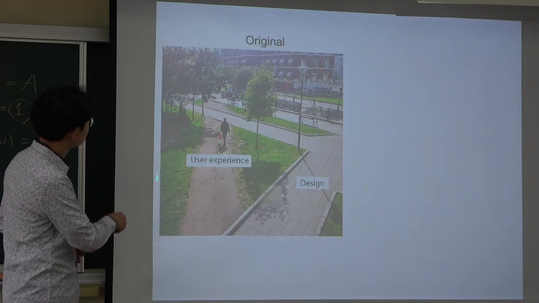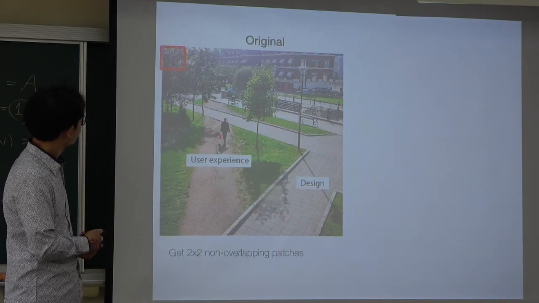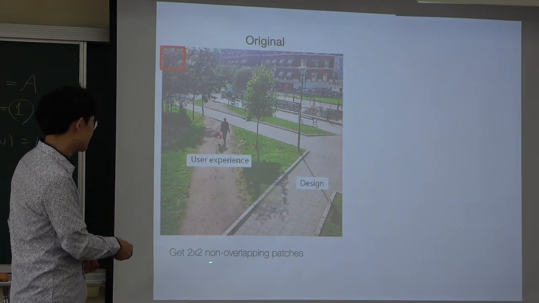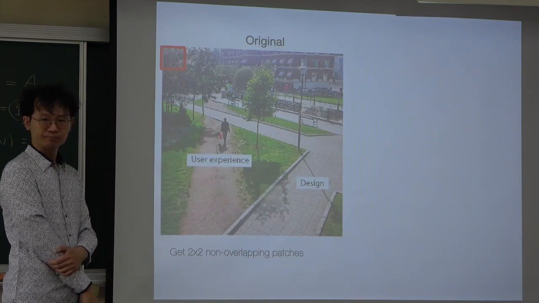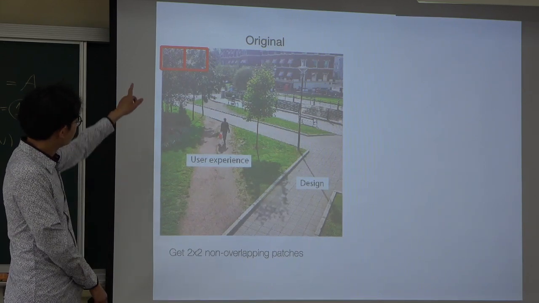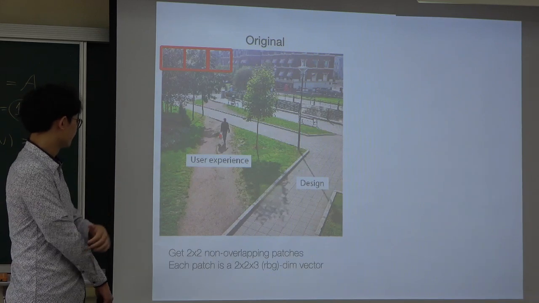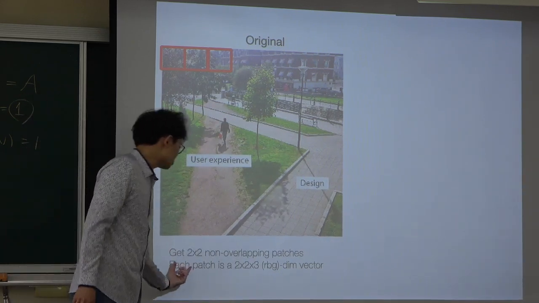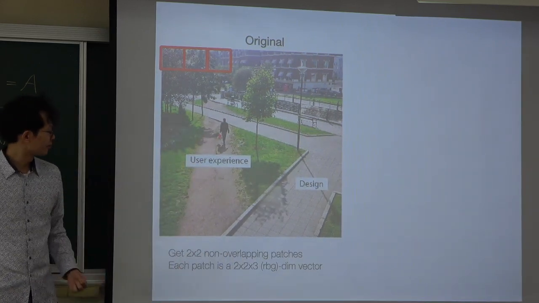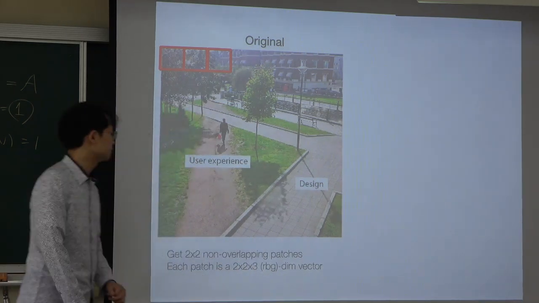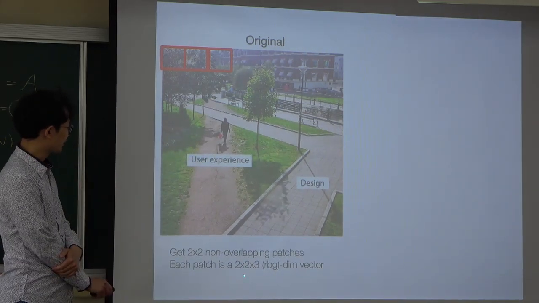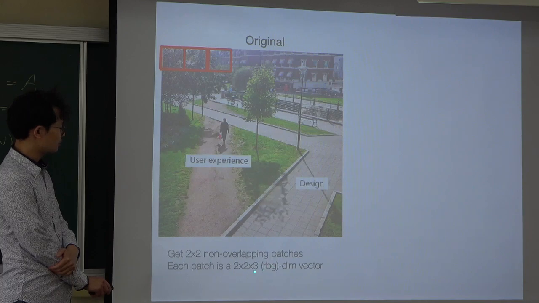Suppose I give you the original image, and you construct 2x2 non-overlapping patches. Each patch in the end will be a 12-dimensional vector, because it contains 2x2 pixels, and there's RGB, 3-dimensional.